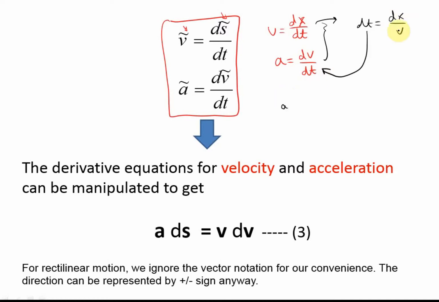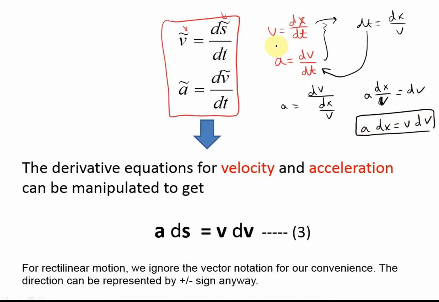In here, dv over dx over v, then a dx over v is equal to dv. So a dx equals v dv.